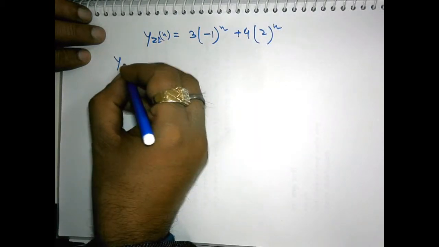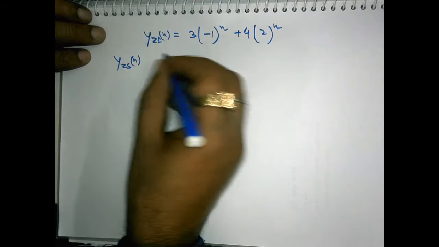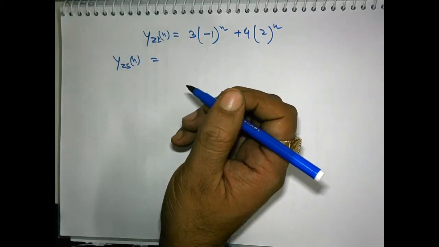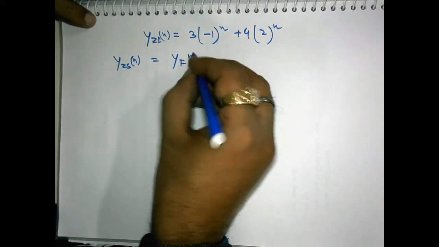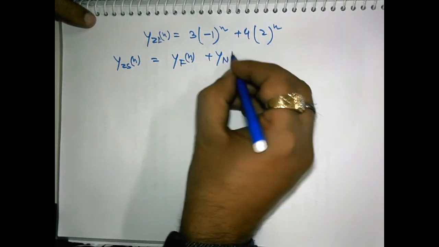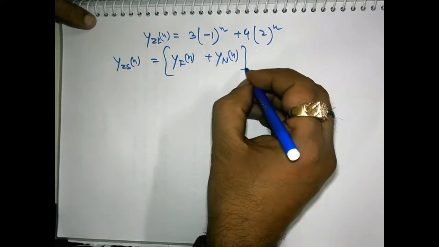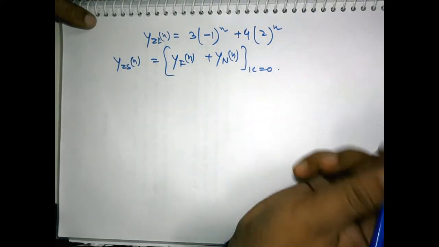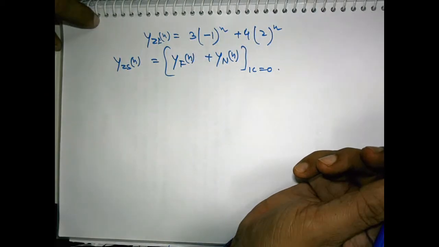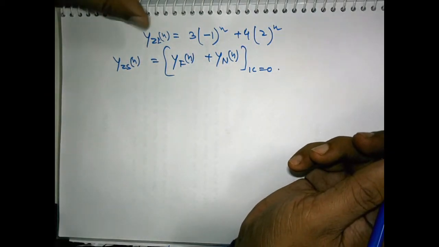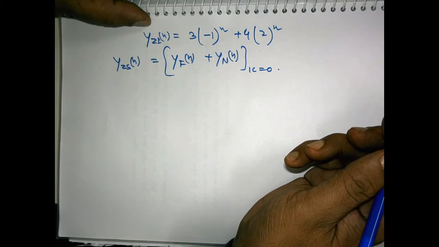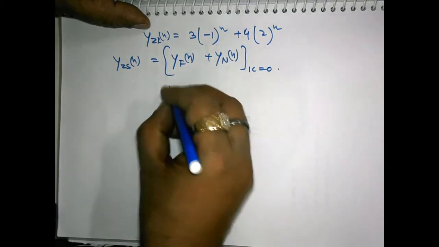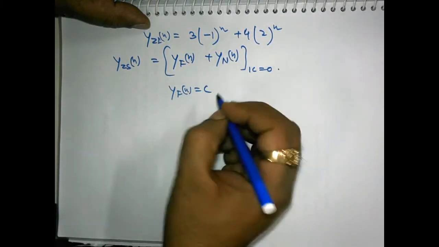Now we will evaluate y_zs, and to evaluate the zero-state response we need to evaluate y_fn plus y_nn, the general form of y_nn, and zero state means in place of the initial conditions we will apply 0. y_fn will be evaluated independently, and since the given input is a constant, y_fn will be another constant, c.